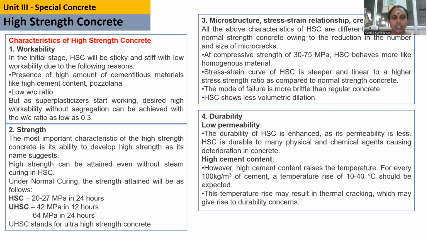For high strength concrete, the strength gained during the initial 24 hours is 20 to 27 megapascal, whereas for ultra high strength concrete, we have strength gain in 12 hours of around 42 megapascal. So this is another indication that within 1 day you can see the compressive strength gaining momentum in high strength concrete.